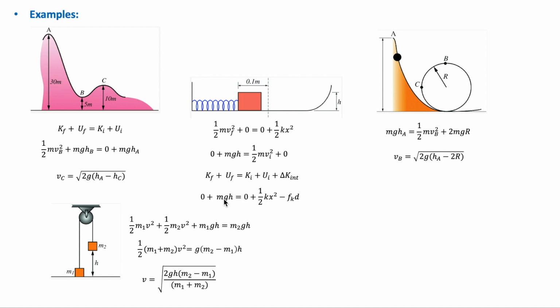So the maximum height reached in the case when there is friction here is less than the maximum height when there is no friction, because part of the block's energy is dissipated through friction and converted to heat.